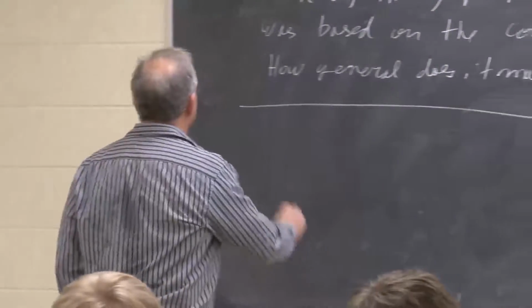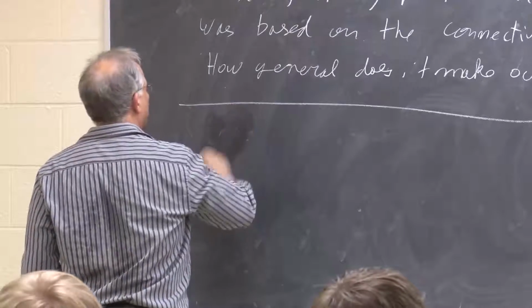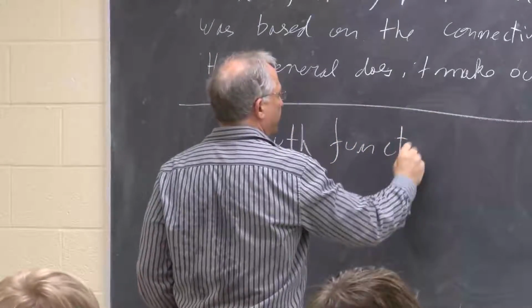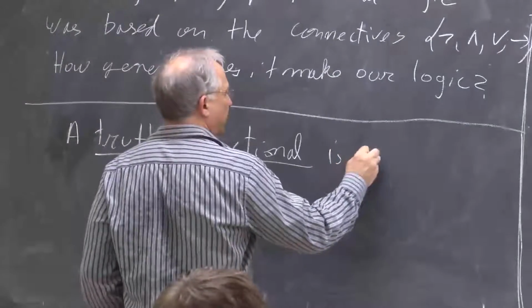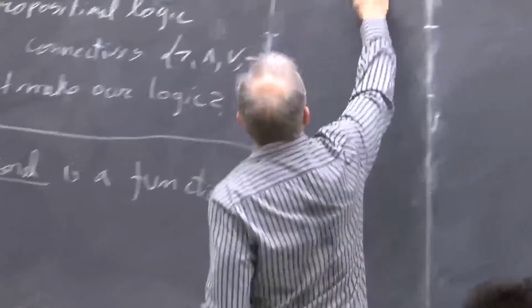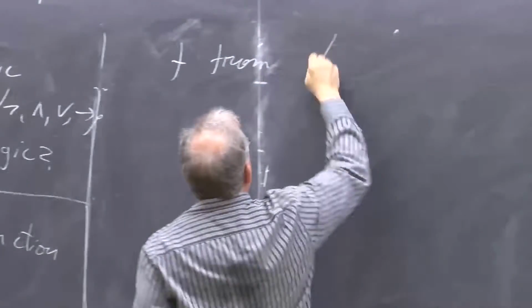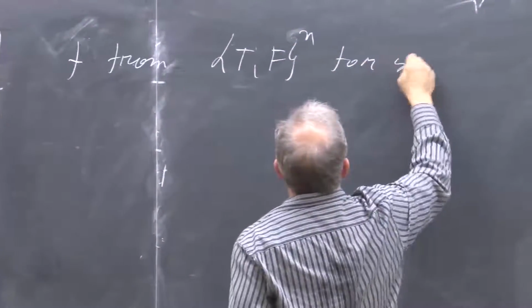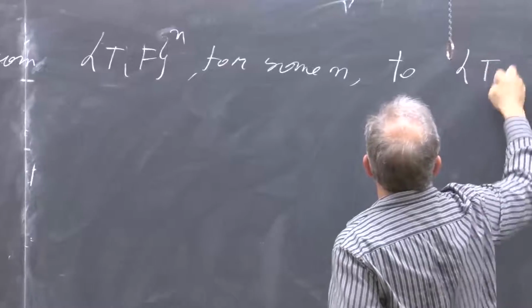Let us say we had a definition here: a truth functional is a function f from Tf to the power n, for some n, to Tf.